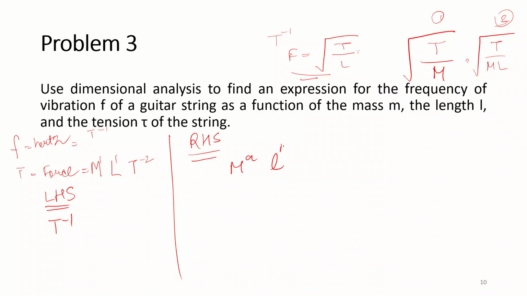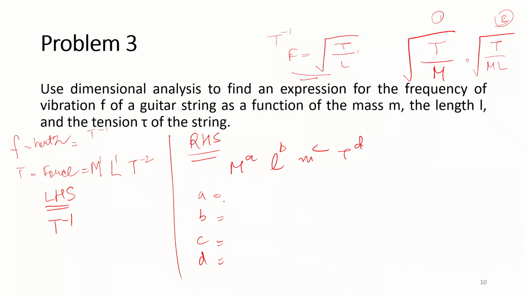So what will be there? A for mass M, B for length, maybe C for T, maybe D. Sir, it is dependent on three quantities, why is there a D term also?